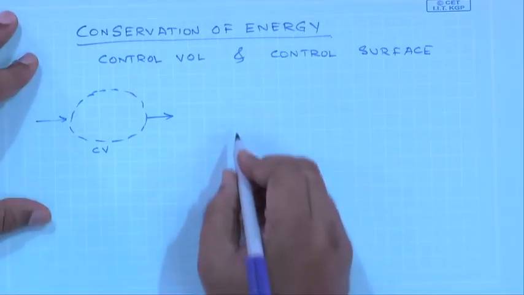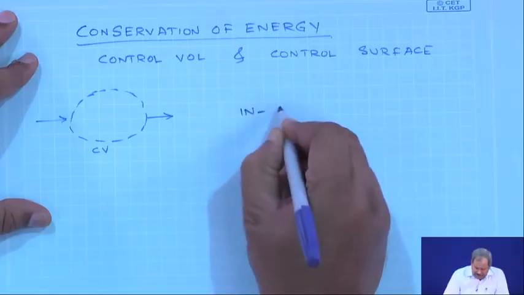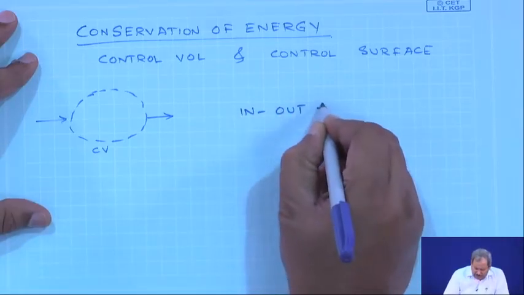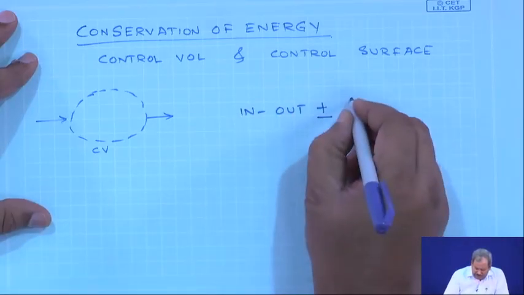A control volume is an enclosed space which has a specific mass, and the form of the conservation law applicable for such a control volume, I am going to write, which is in minus out plus or minus generation.